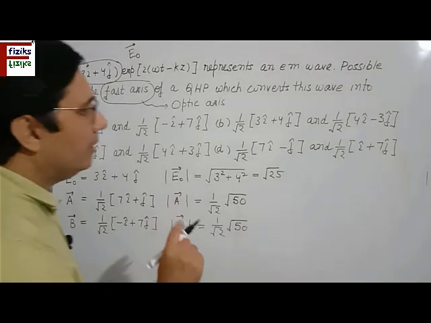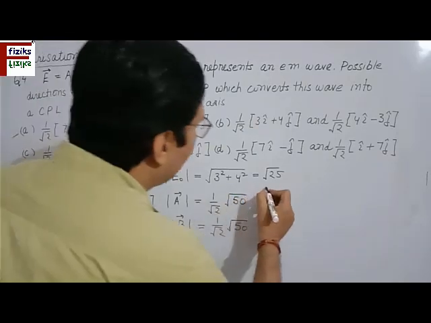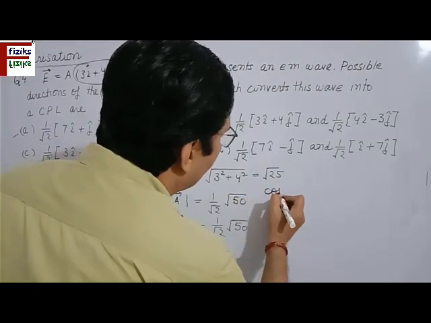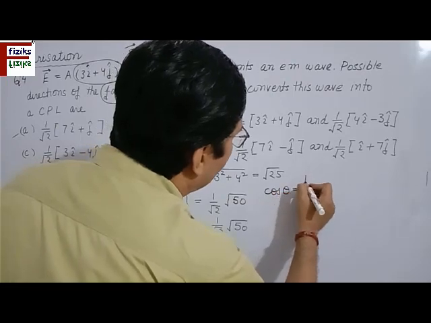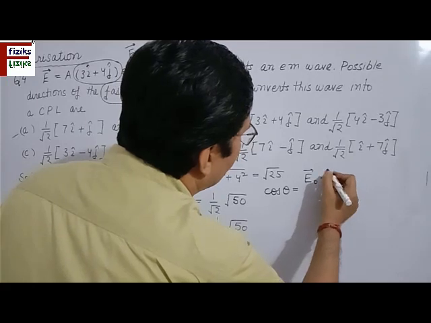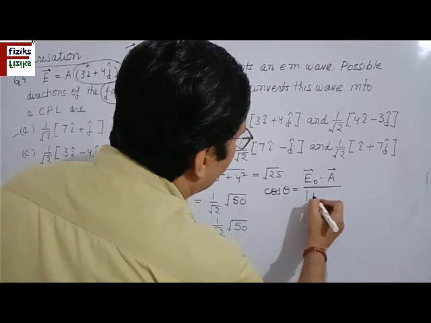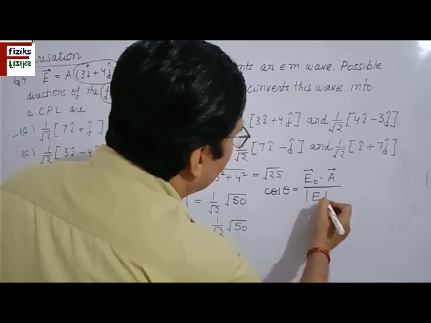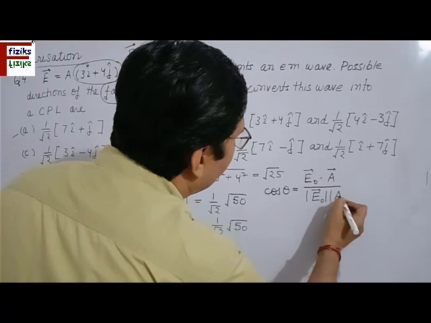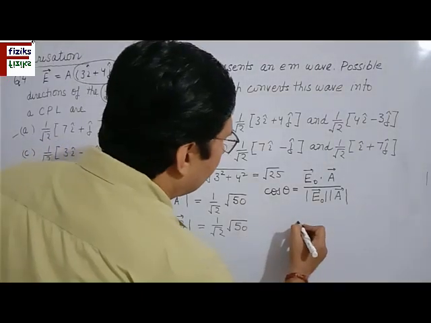For this we can use the property of the scalar product. So I can write cos theta equal to E naught vector dot A vector divided by mode of E naught and mode of A. Here I have to take E naught dot A. So 1 by root 2 will be in the numerator.